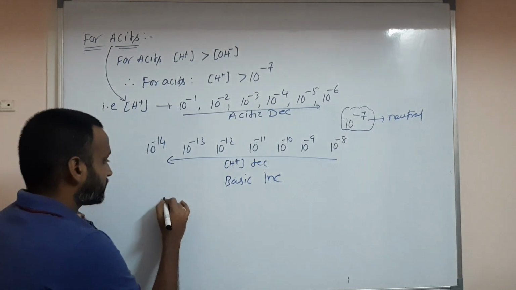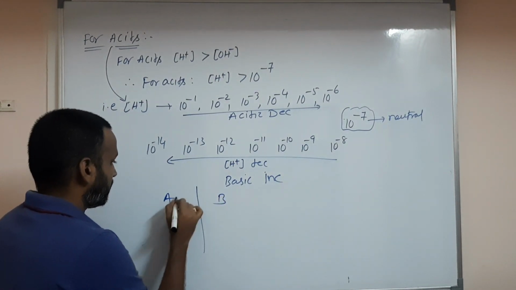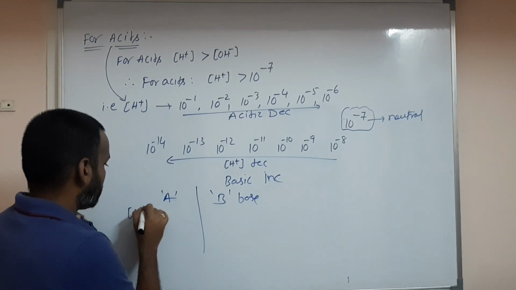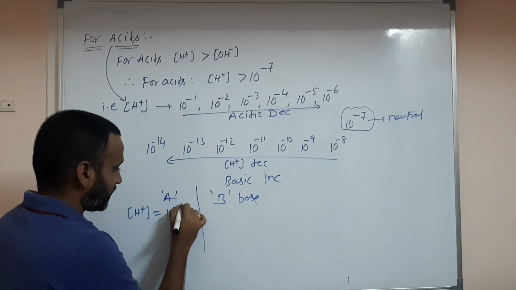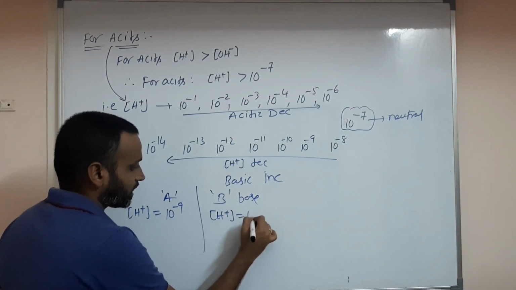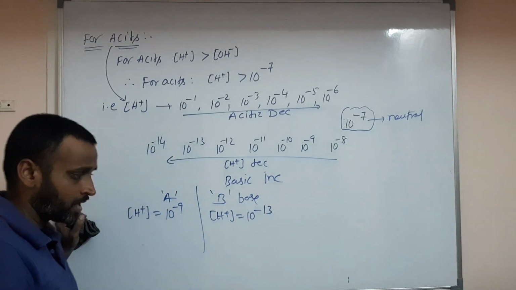As I gave X and Y, now you can compare some A and B. A is a base, and B is also a base. For A, the H plus concentration is 10 power minus 9, and for B, the H plus concentration is some 10 power minus 13.